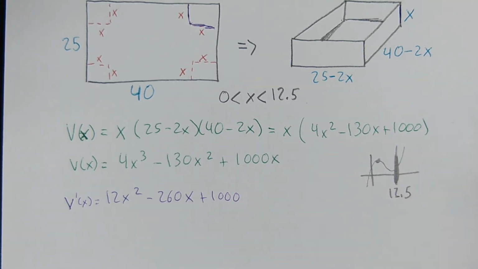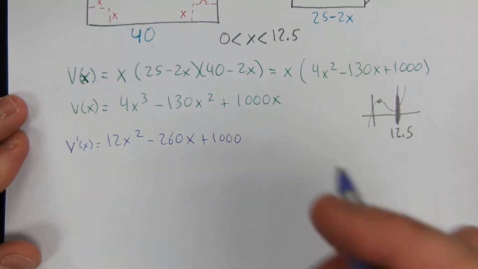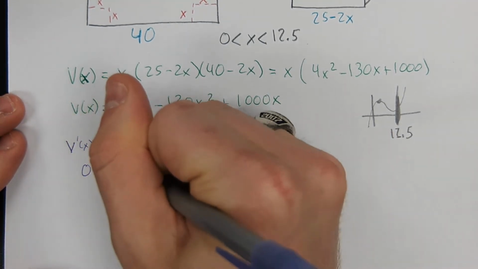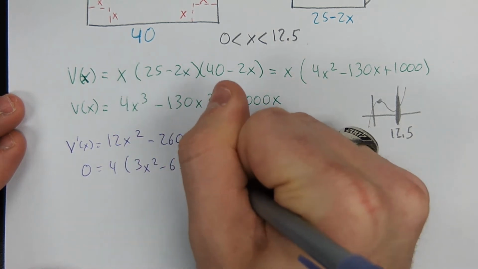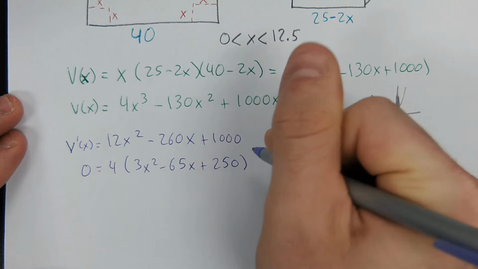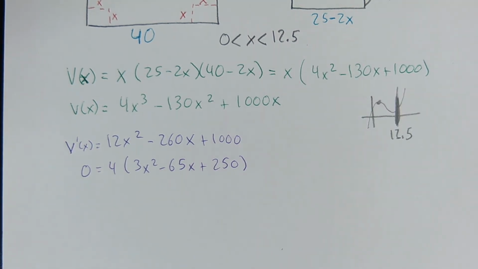Oh goodness, guess what? It factors. I know, those are big numbers. It gets a little bit better though because there's a GCF of 4 at least. So you can at least do that. 3x squared minus 65x plus 250. Again, I kind of have to make some assumptions about the ability level in the room.